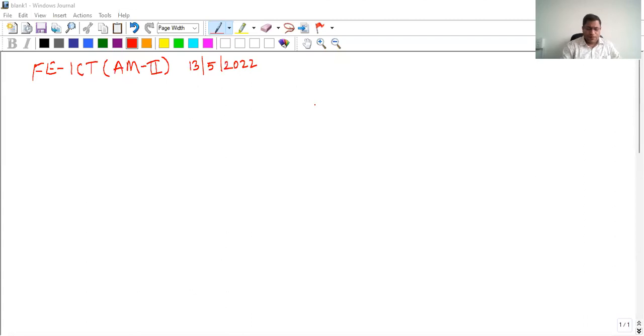First, we need to understand the transcendental equation. What is meant by transcendental equation? Basically, we know about the polynomials, but there are functions other than the polynomial.